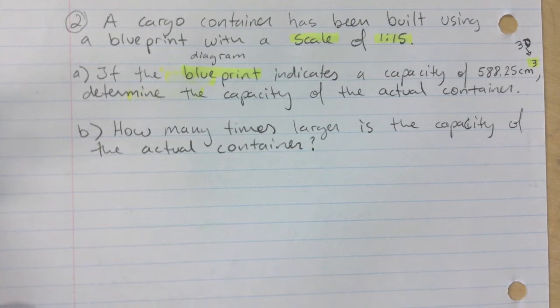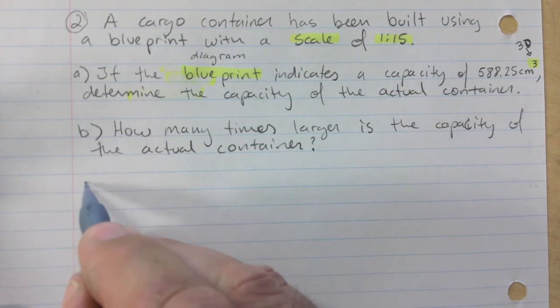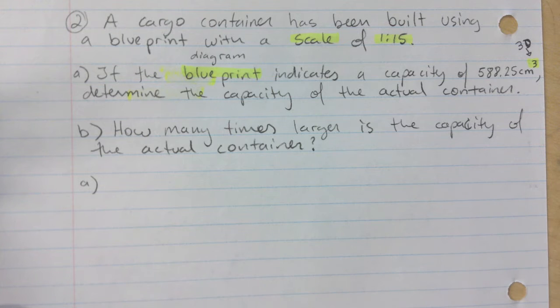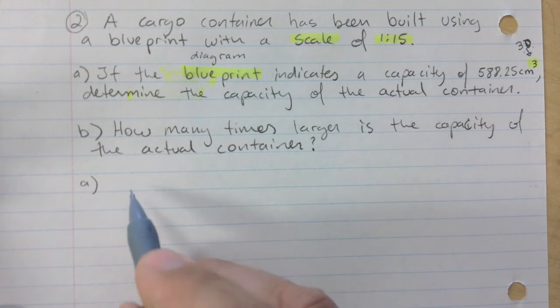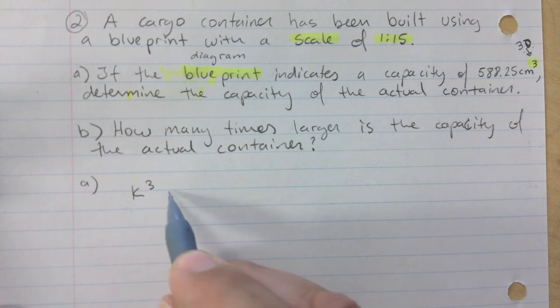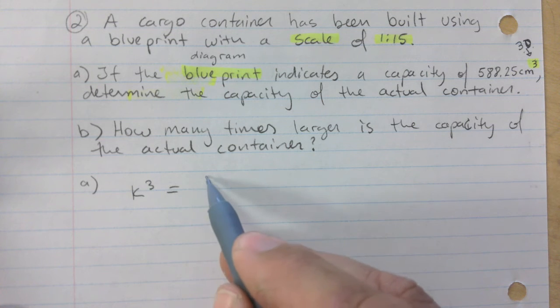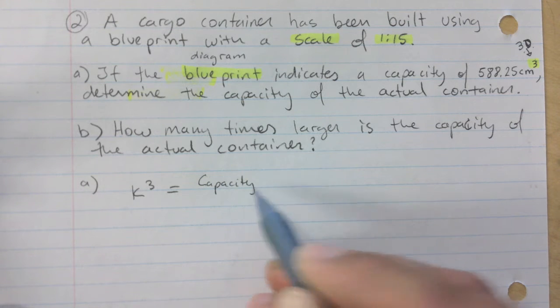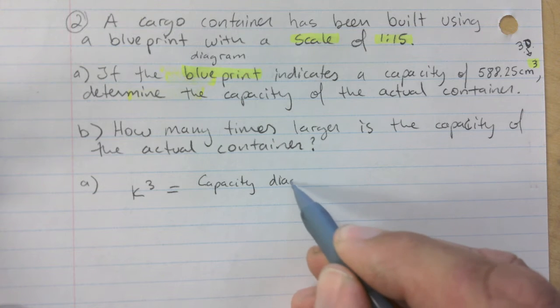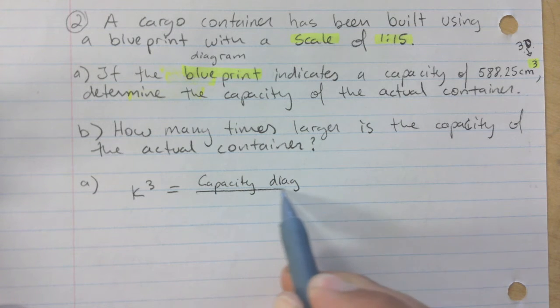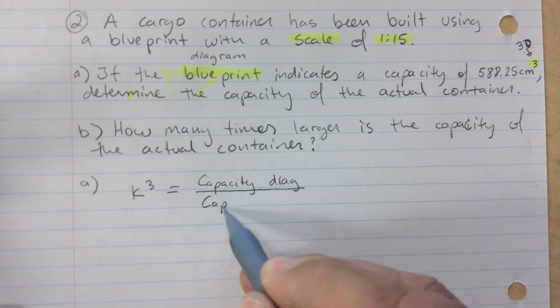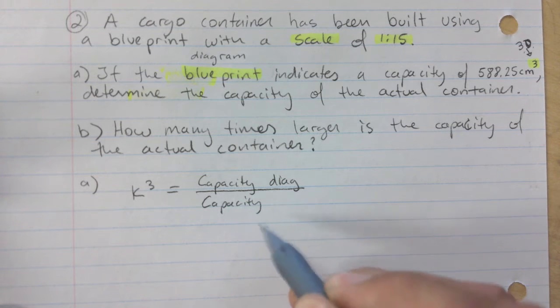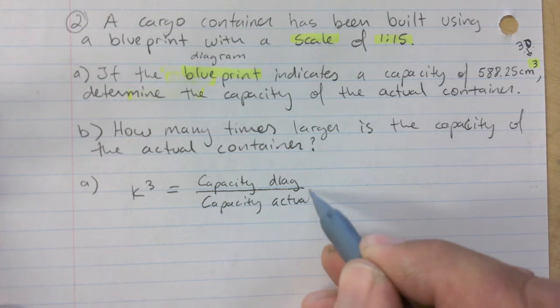Determine the capacity of the actual container. So let's get this set up. Because it's 3D, I'm going to be using k cubed is equal to, you can do capacity if you want, capacity of diagram over capacity of actual.